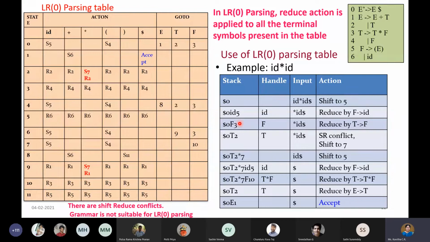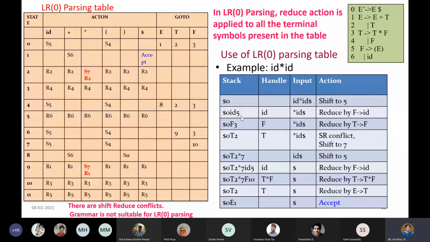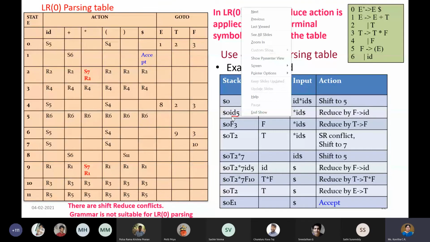So that rule only we are going to use. To apply that rule for the reduce action, you have to take out this previous state. Then you have to take out this ID also. Means you are going to traverse from here back till when? Till something matches. Means ID matches. Till there you are going to go.